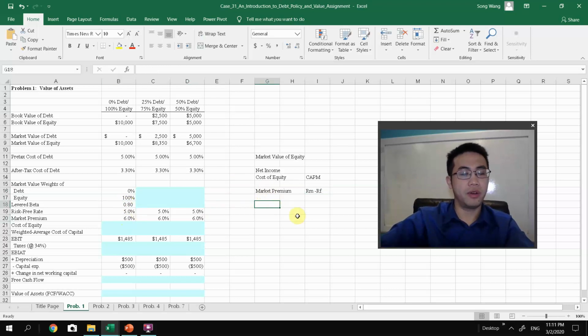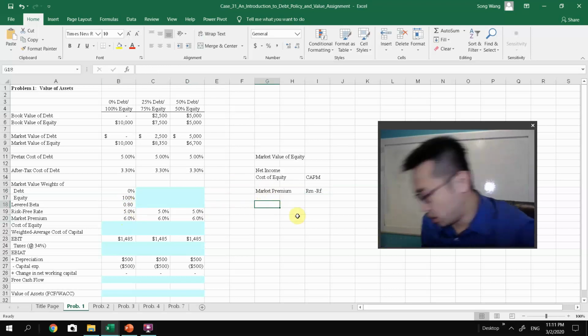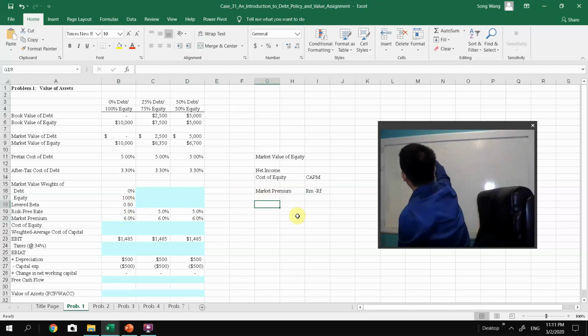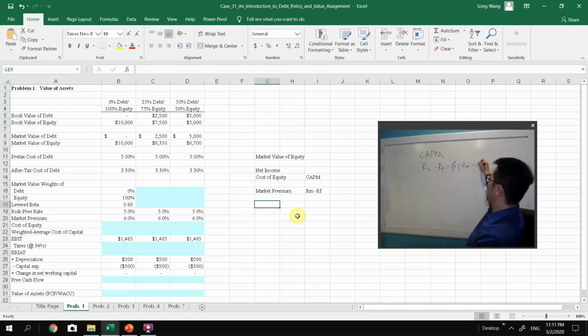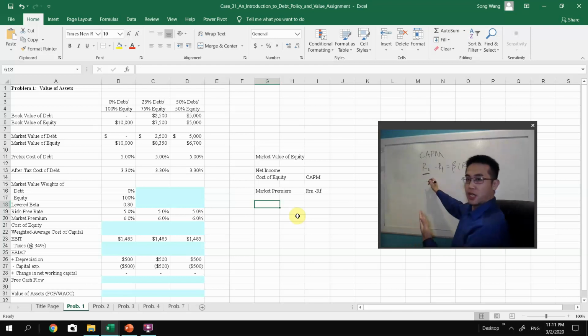So in the CAPM framework, let me write it up here. The return of an individual stock minus the risk-free rate equals beta times the market premium, which is the market return minus the risk-free rate. This is the return of that individual stock. It is also the cost of equity to the firm, to raise money from stock investors and to pay them.